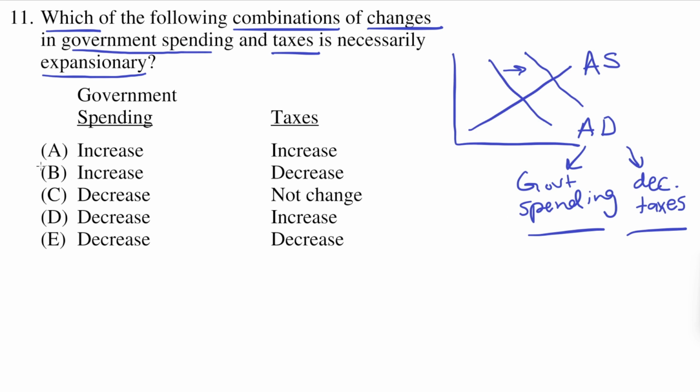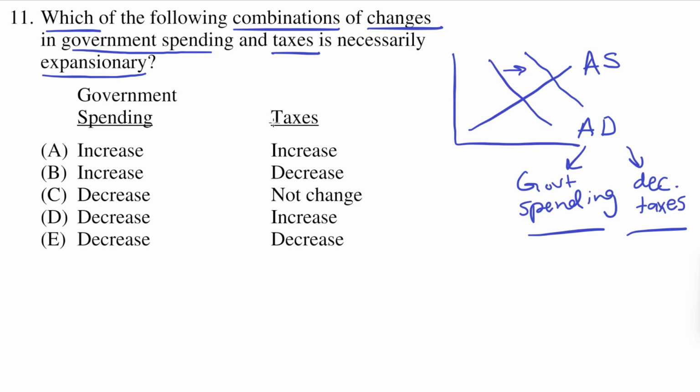So let's look at the answer choices. A says increase government spending and increase taxes. So increasing spending is expansionary, but increasing taxes is not expansionary because increasing taxes would give less post-tax income to the people in the country, and that means they would have less money to spend on goods and services.